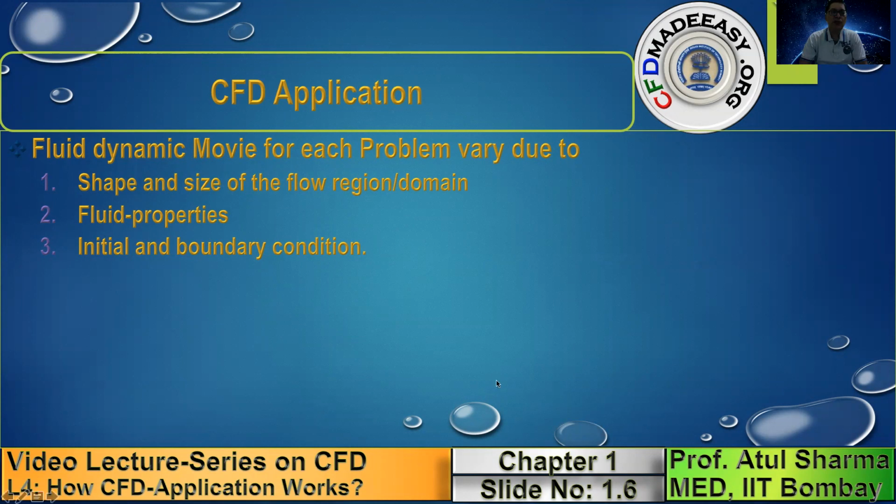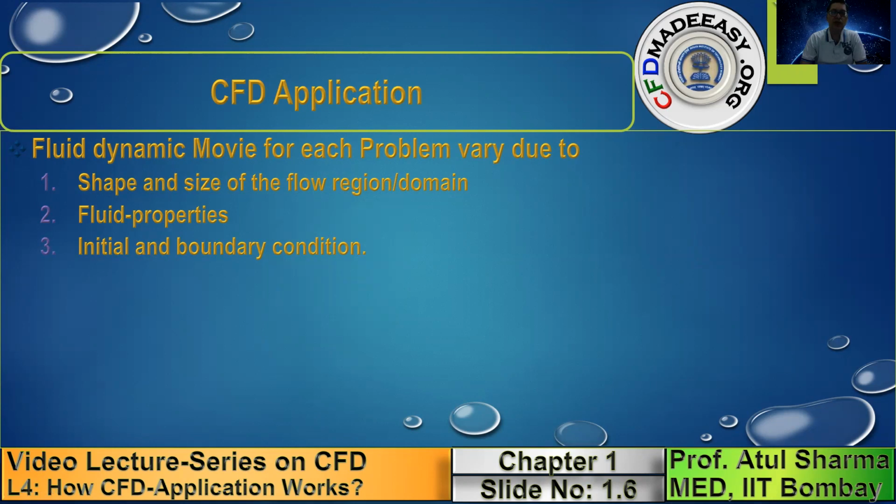Basically, the shape and size of the flow domain in the CFD simulation, when we do grid generation, we obtain the geometrical properties of the control volumes while doing the grid generation, and those geometrical properties and the thermophysical properties correspond to the coefficients of linear algebraic equations. So if there is a change in the fluid property, the results change.